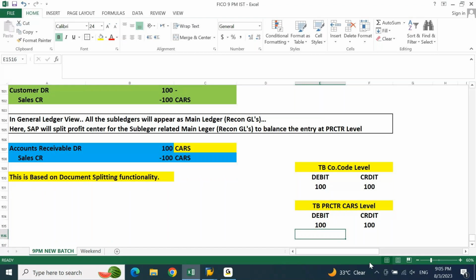Okay. The reconciliation main ledger account alone it requires. Okay, and it is going to take the profit center from the offsetting account and it will supplement it to the missing account, which is your subledger account related to the reconciliation GL.